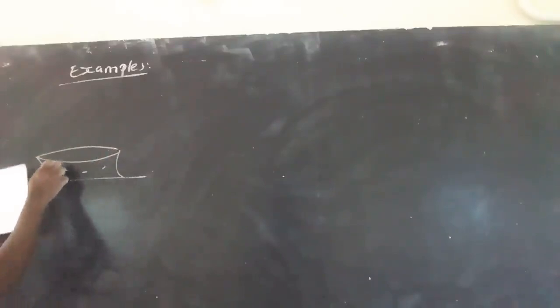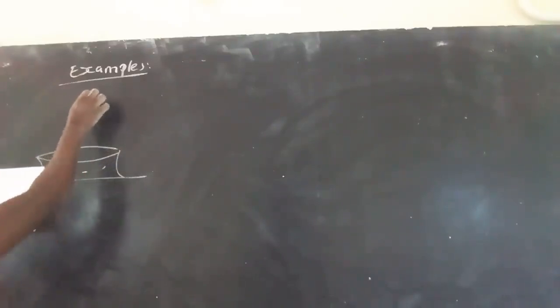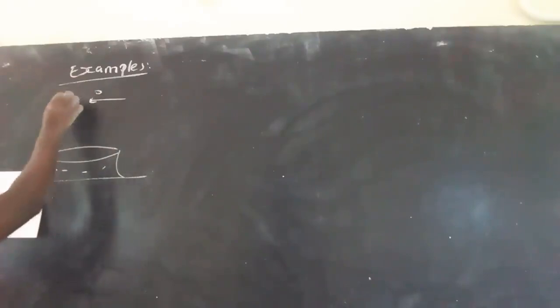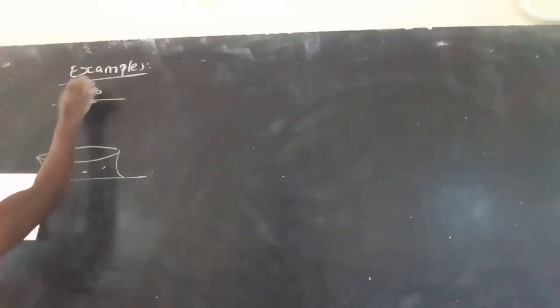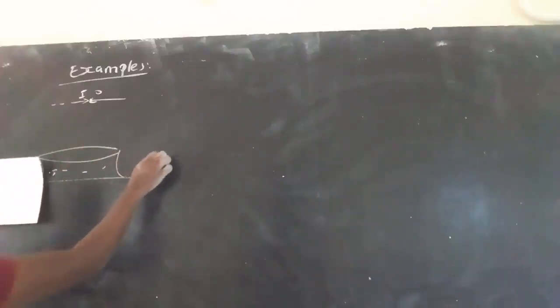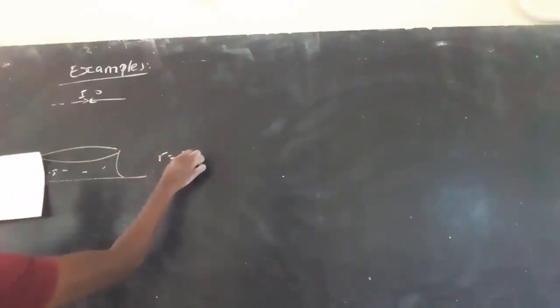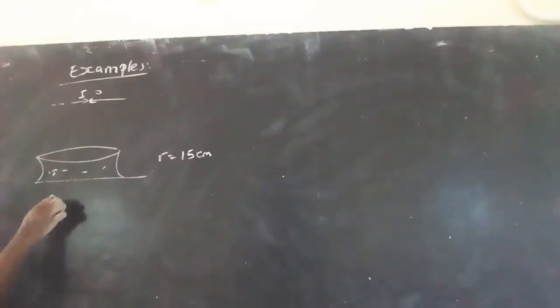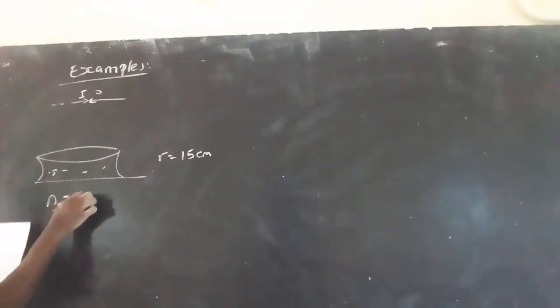The converging lens is placed there using a pin O. The position is found where O coincides with its image. So the image is here, and they are giving us the radius of curvature as 15 centimeters, and the refractive index of the glass lens is 1.5.